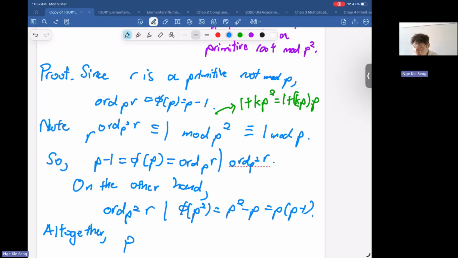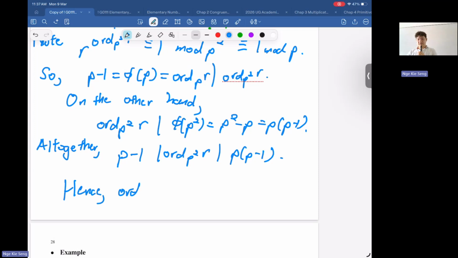You have p minus 1 dividing the order of r mod p square, and you have this number dividing p times p minus 1. What could this number be? It must at least contain p minus 1, but it cannot contain too much, because it has to divide p times p minus 1. So what are the possibilities here?